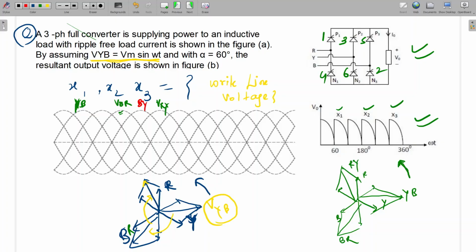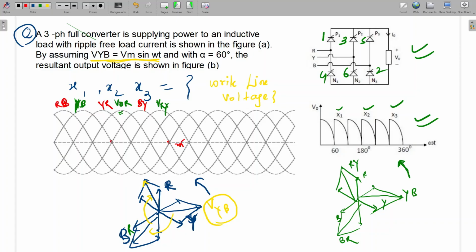Any mistake I have done? No, it's correct. Here it will come, and this is RY, so VYR, YR will be this one. What is remaining? This will be RB. Is it correct?